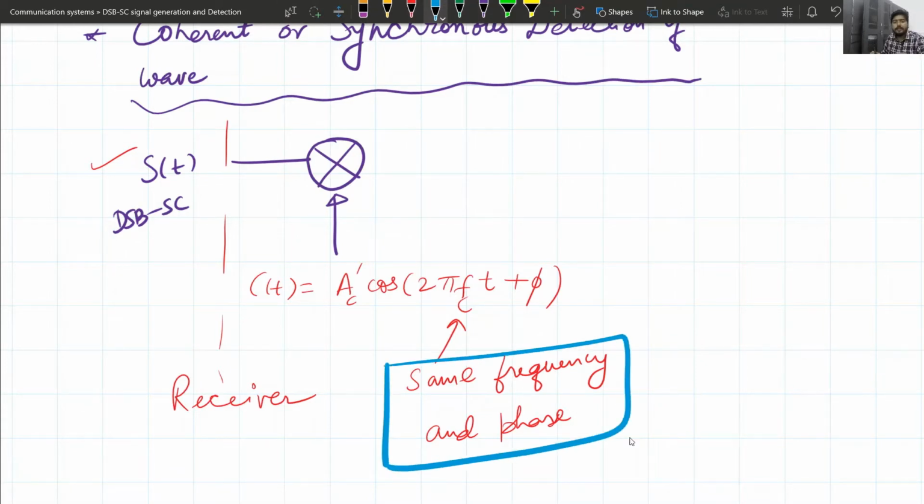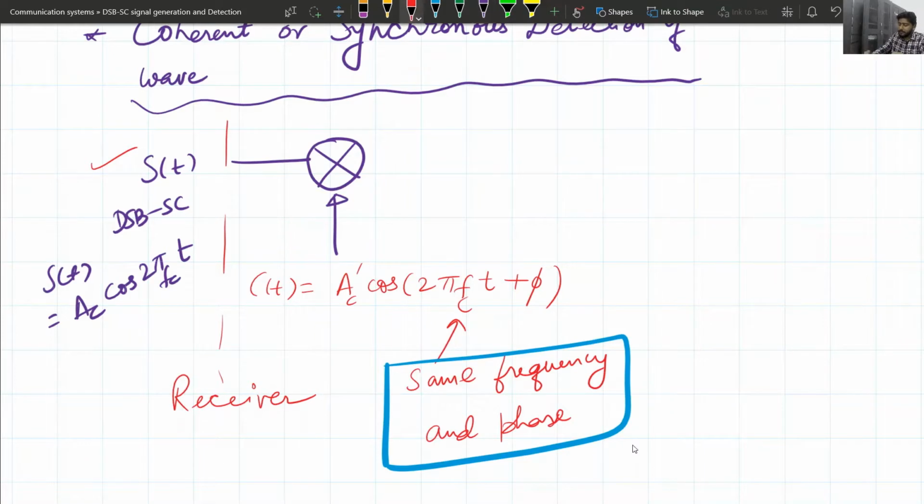The frequency and phase of the local oscillator which is being multiplied by the DSB-SC signal must have the same frequency as the carrier frequency which was used to generate the DSB-SC signal. That means c(t) is given by Ac cos 2 pi fc t.